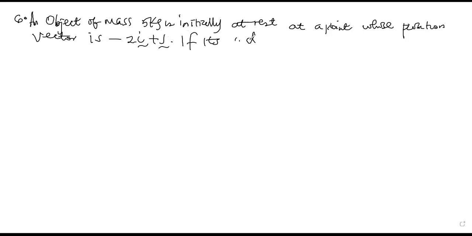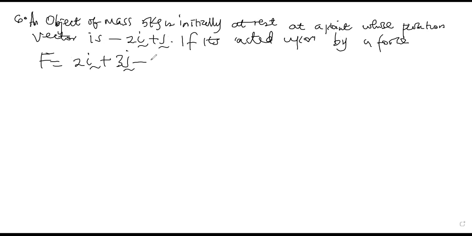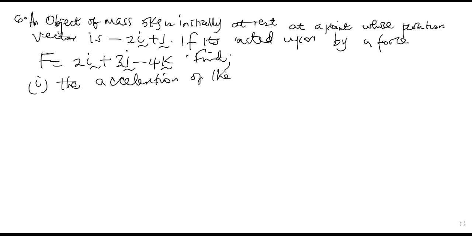If it's acted upon by a force F, which is equal to 2i plus 3j minus 4k, find, Roman 1, the acceleration of the object.